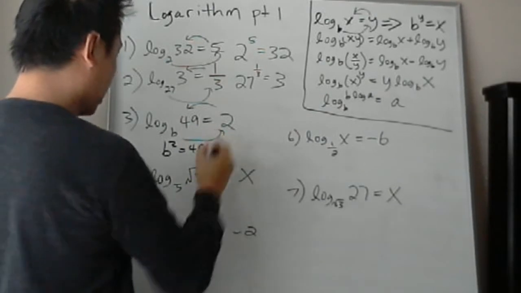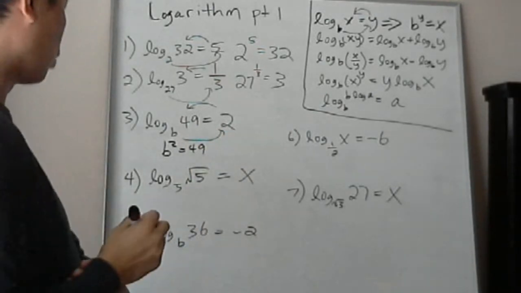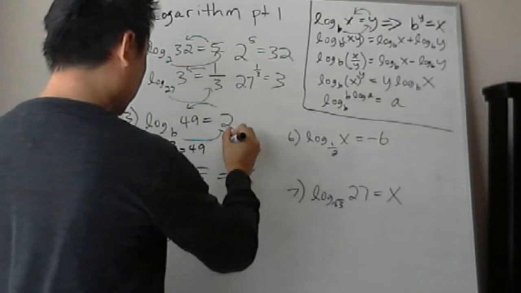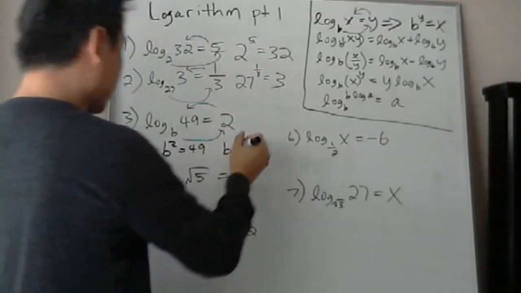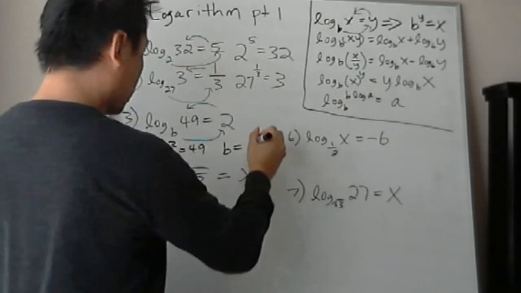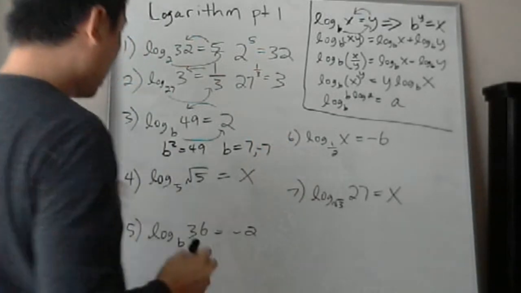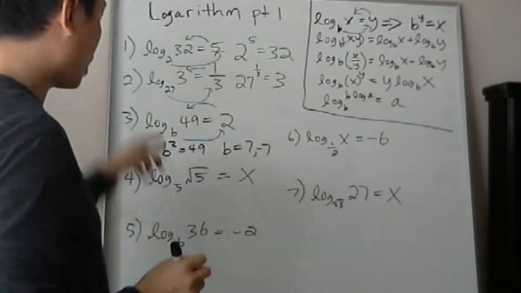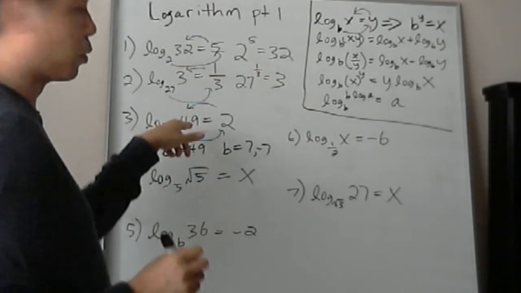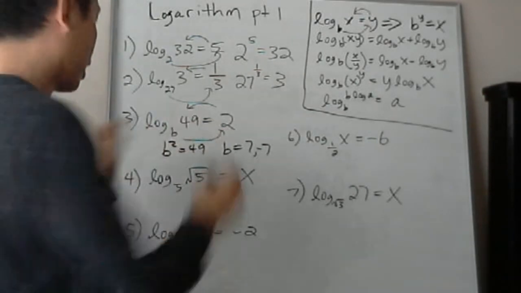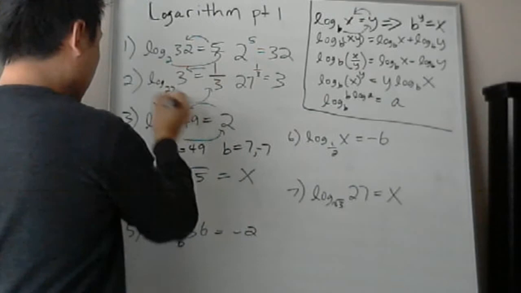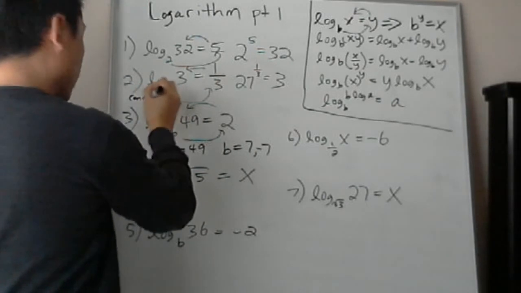equals 49, right? So what can b be? Well, if you take the square root of both sides, you get b is equal to 7 or negative 7. And I'll go over with you, the base can be negative, but later on you'll realize that the number inside a logarithm cannot be negative. Like this number here cannot be negative. But I'll go over that later.